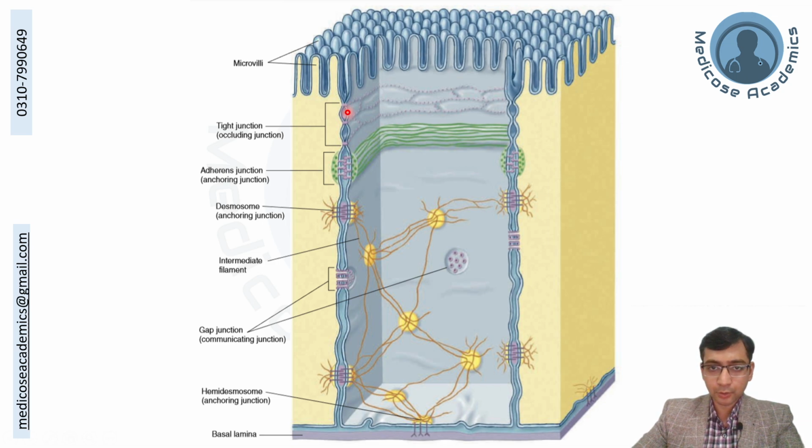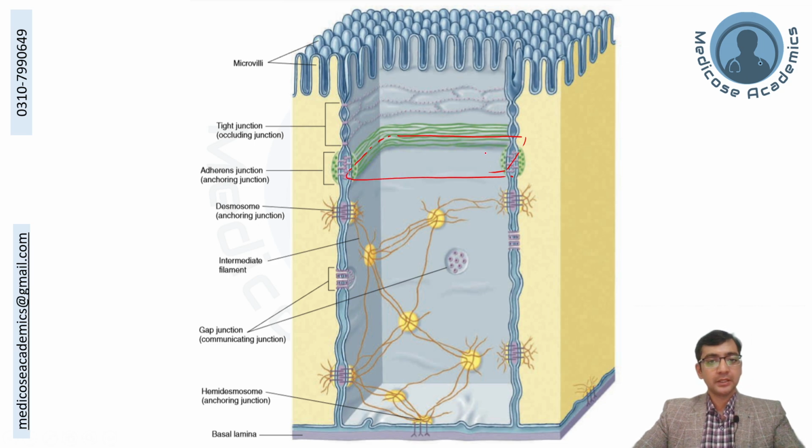The tight junctions, the occluding junctions, form a ring around the cell, joining with all the cells that are near to them. Because of this ring, this is called zonula occludens. And then there is the next one, adhering junctions. Again, this is encircling the cell, so that is also called zonula adherens.